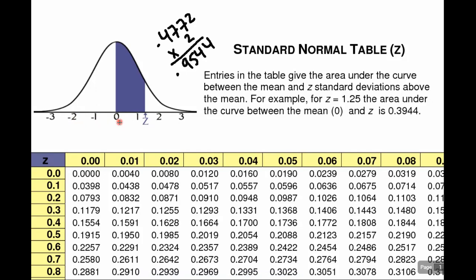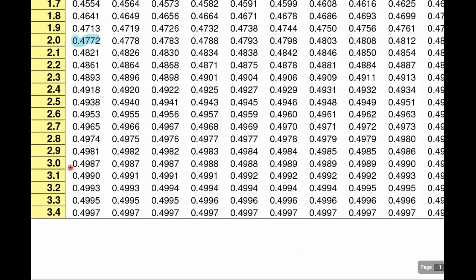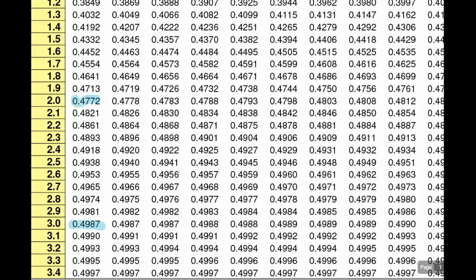And then if I go down to 3 standard deviations, I'm right here, which is 0.4987.